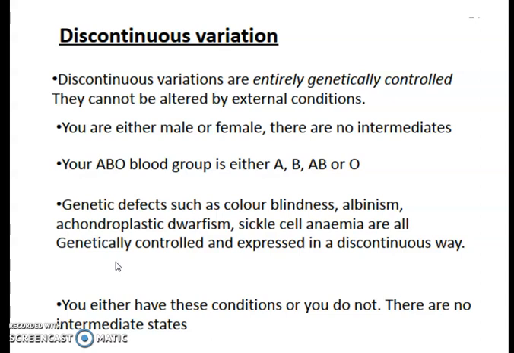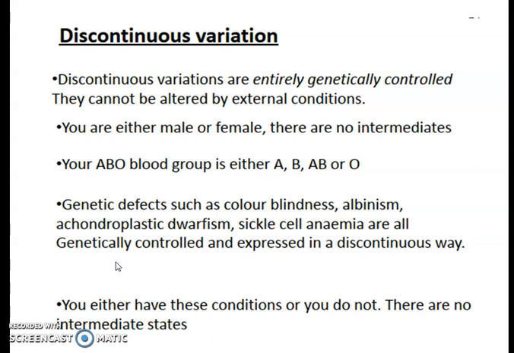In the same way, genetic defects like color blindness, albinism, dwarfism, anemia and sickle cell are all genetically controlled and they are expressed in a discontinuous way. So you either have these conditions or you don't. There is no intermediate state.